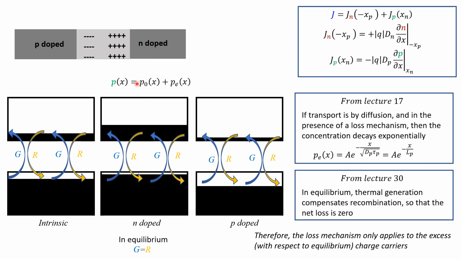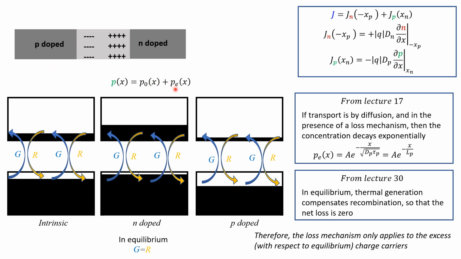This term is the concentration of holes in the n-doped semiconductor when the system is in equilibrium. And this term is the concentration of holes when we take the system out of equilibrium. So this term refers to these holes that diffused from the p to the n-doped region. And of course, we're going to have a similar expression for the concentration of electrons in the p-doped region.